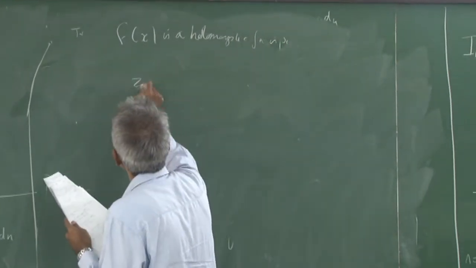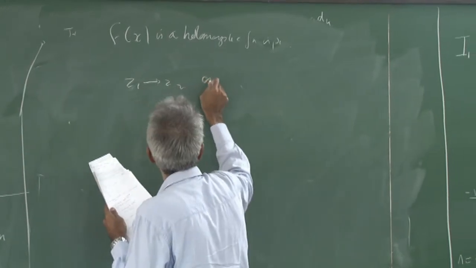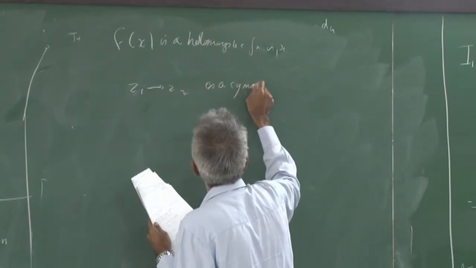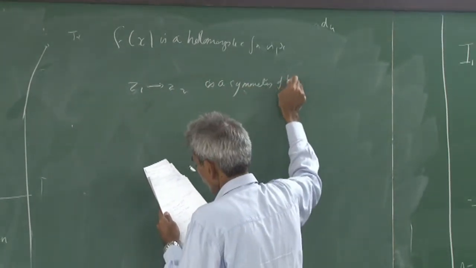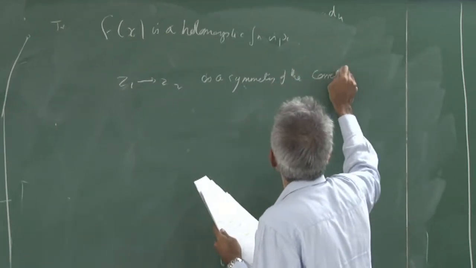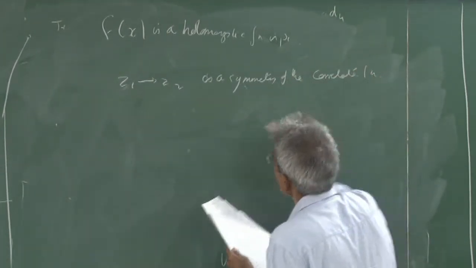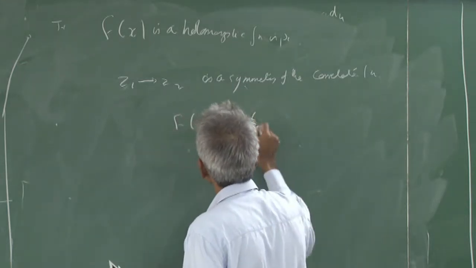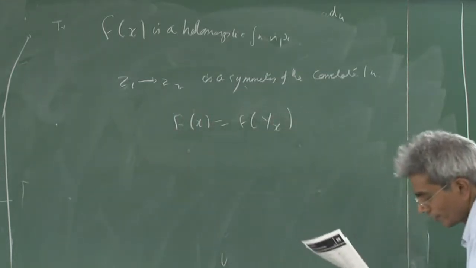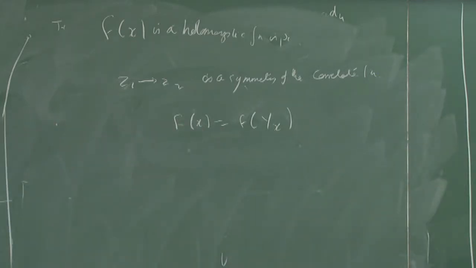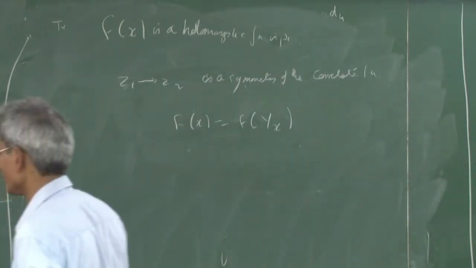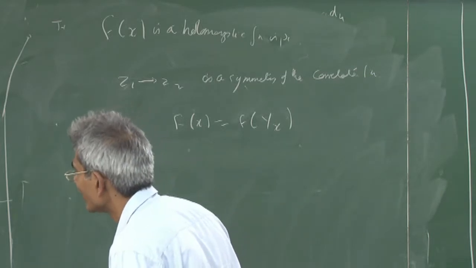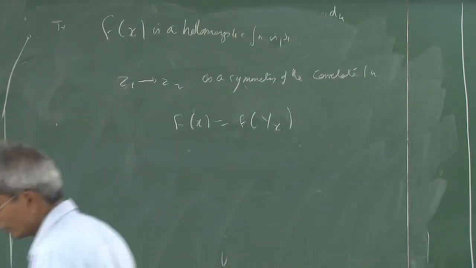There is the z1 going to z2 symmetry of the correlation function. If you translate that in the cross ratio, it becomes f of x is equal to f of 1 by x. You can check if you interchange Z1 and Z2, that is what it becomes.